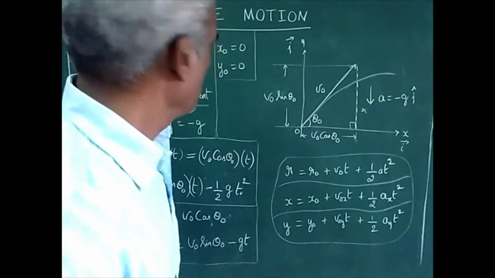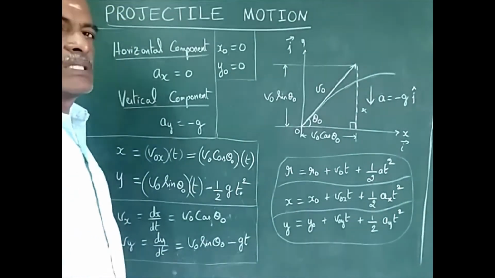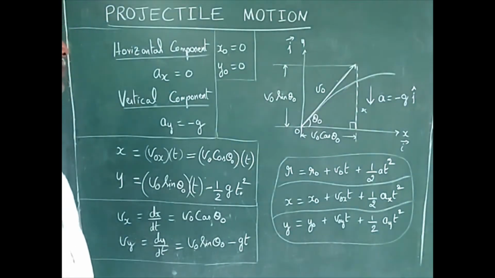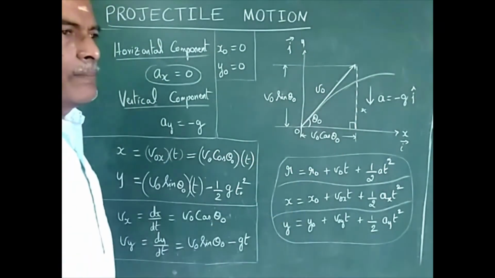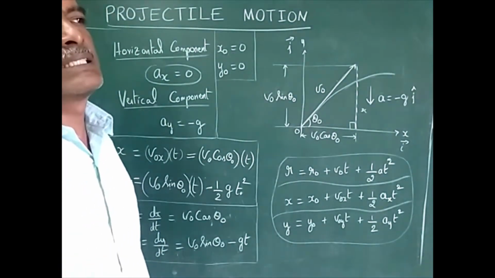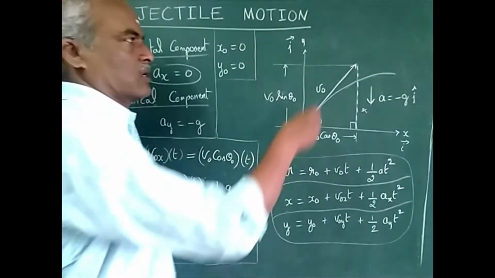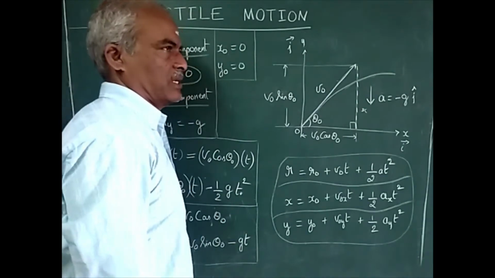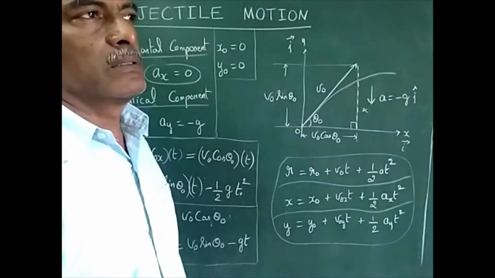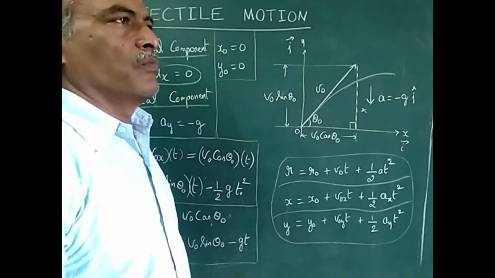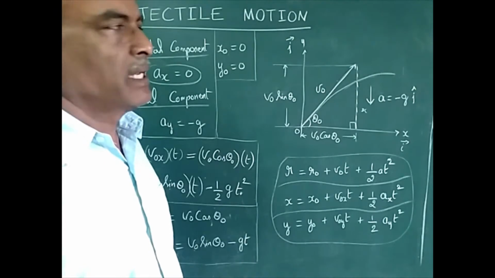But a ball traveling in the parabolic path has two components, I already told you. The acceleration along the horizontal path is 0. Whereas for the vertical acceleration, we are considering acceleration due to gravity, which is plus g. When it goes against the acceleration due to gravity, it is minus g.